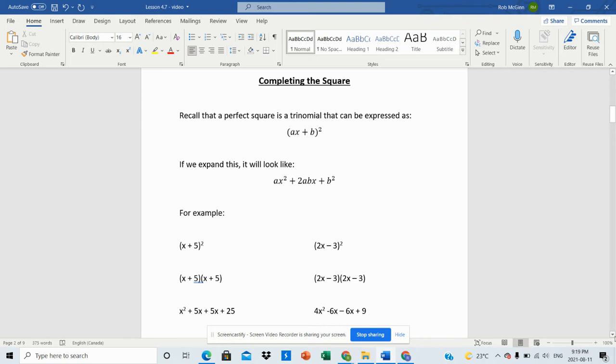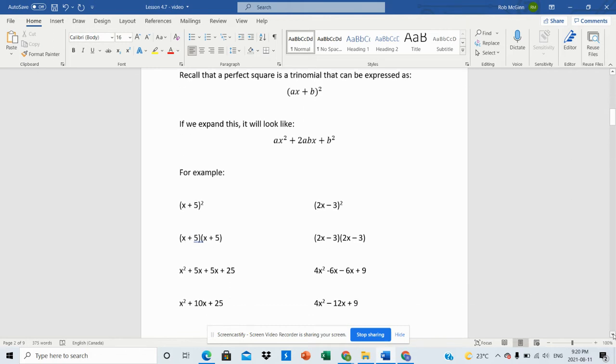And when we use FOIL, we get x times x is x squared, x times 5 is 5x, 5 times x is 5x, and 5 times 5 is 25. We'll just collect our like terms, and we get x squared plus 10x plus 25.